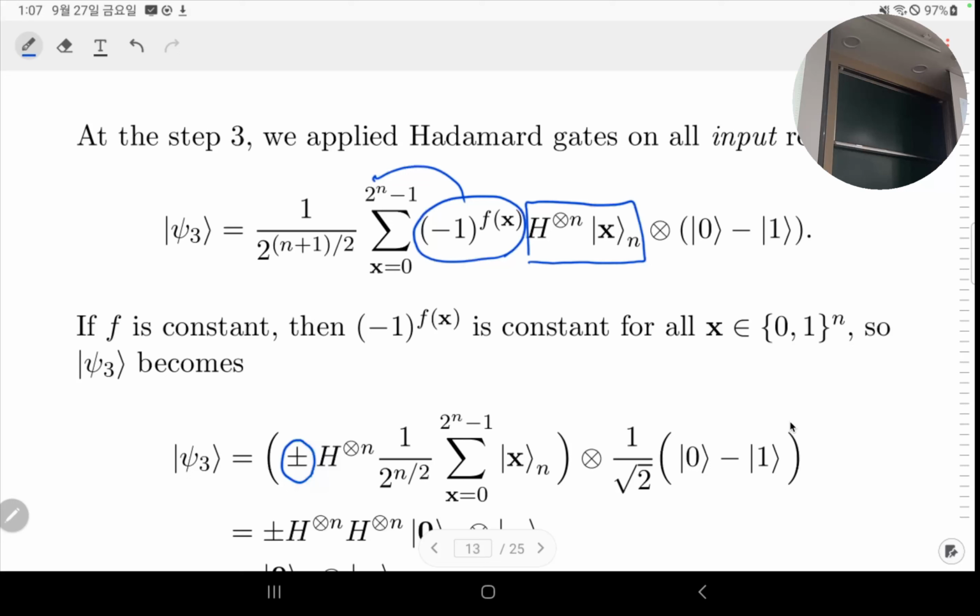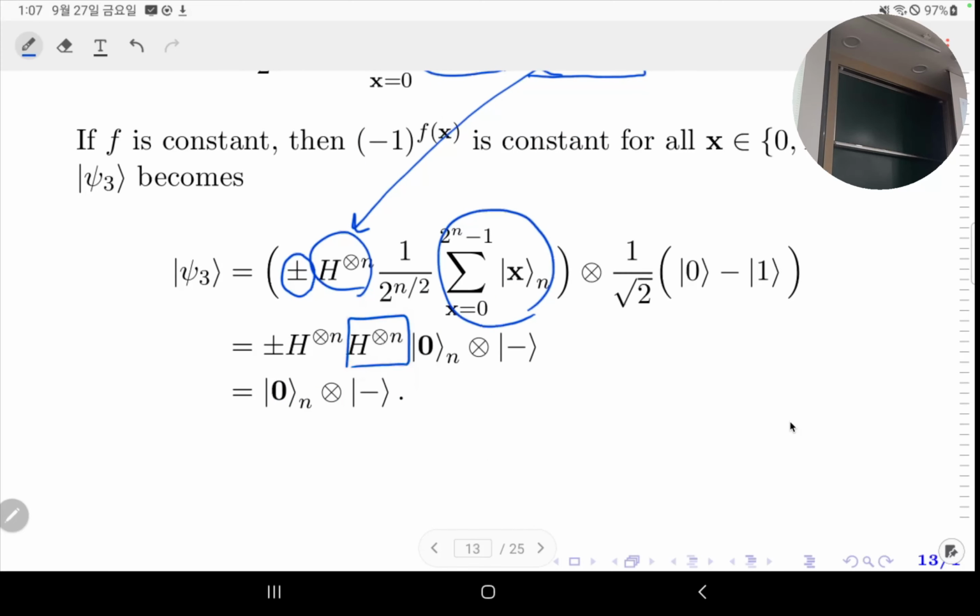And it's simply a Hadamard gate applied to this superposed state. But how do we get this superposed state anyway? It's given by applying the Hadamard gate on every single input register when it's initialized at 0. So what we are doing here is applying the Hadamard gate twice for each input register. So the final result is plus or minus this. That means if f is constant, then you will always measure 0 on the input register.